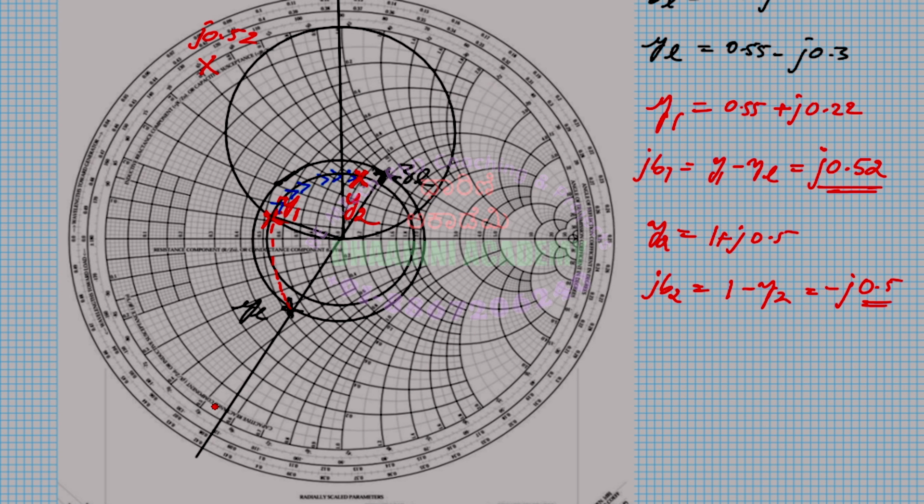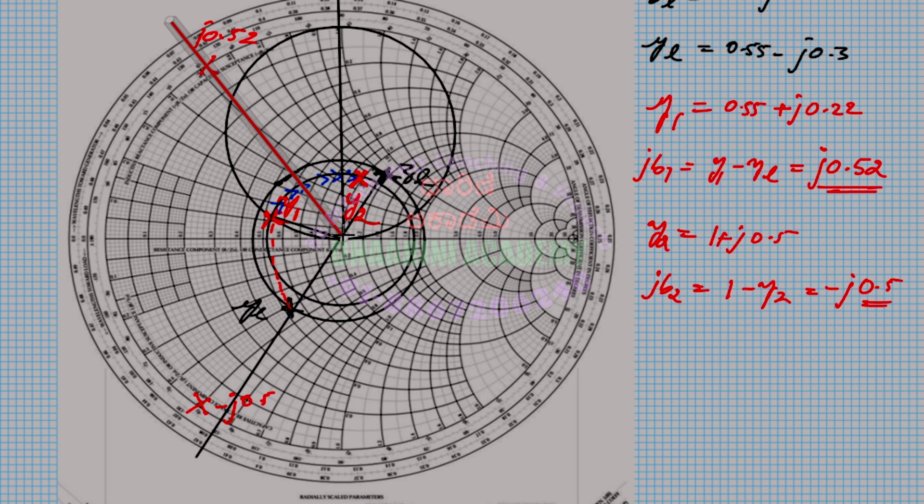Similarly, I need a minus j 0.5, which is below 1, 2, 3, 4, 5. So you can see that this is the point corresponding to minus j 0.5. So directly connect this to this point and make a measurement.